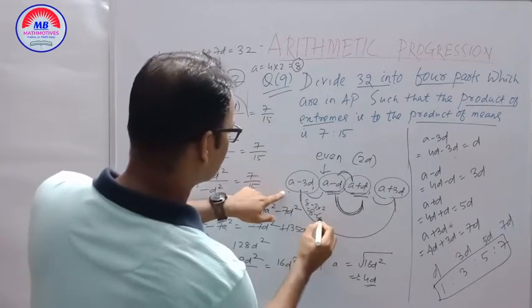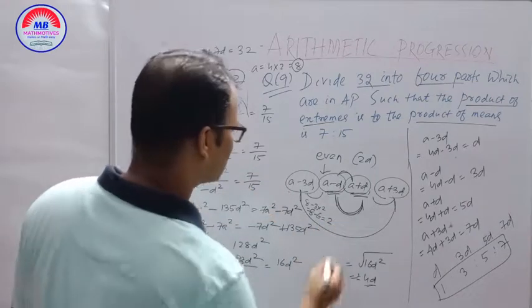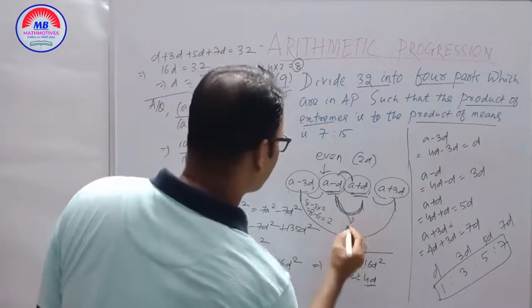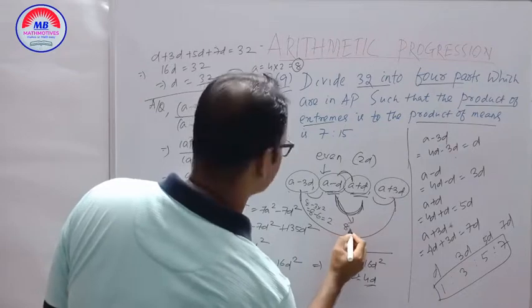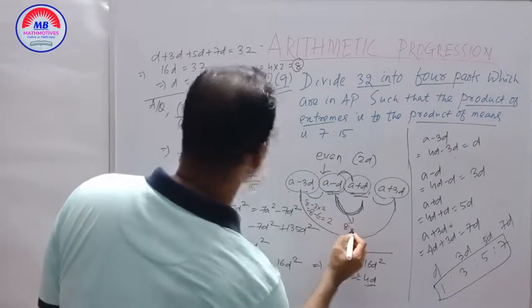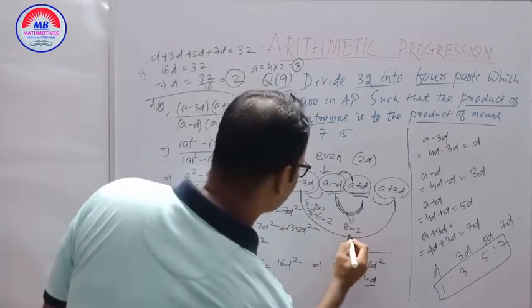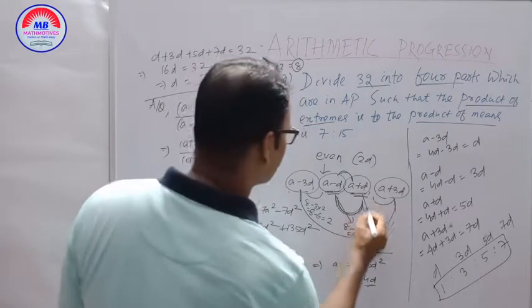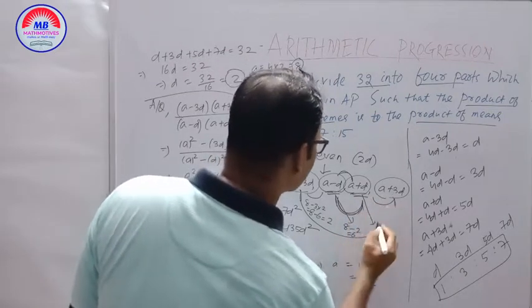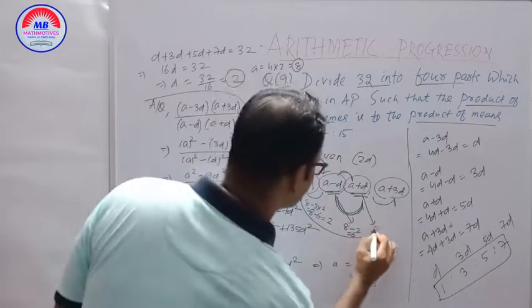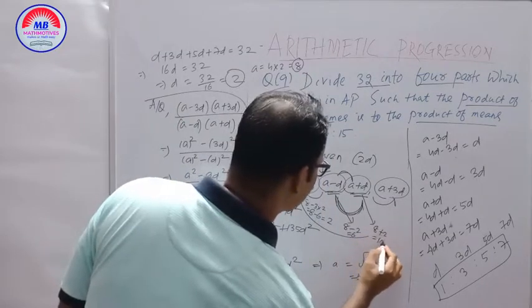So 8 minus 6 equal to 2. First term is 2. Second, A is 8 minus D. D is 2, so the second term is 6. Third, A is 8, D is 2, so it is 10.